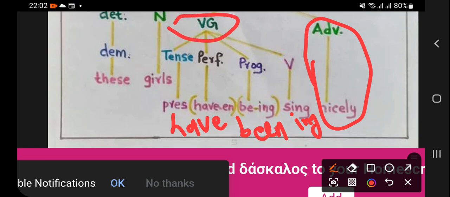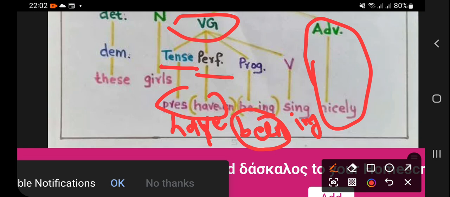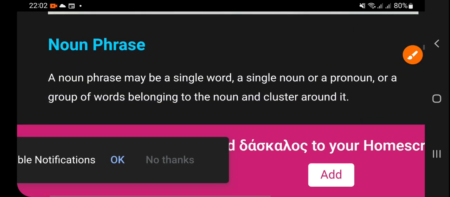But in the verbal group what comes? The tense, this is have, present tense, right? And then perfect, which is been, right? And then progressive is ing, singing. This way a sentence is analyzed.